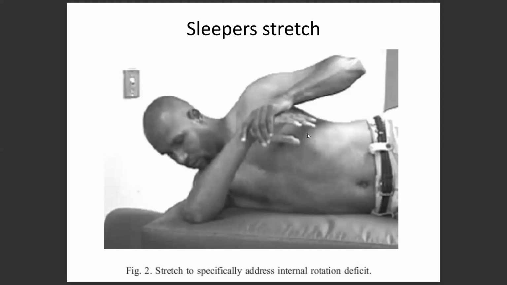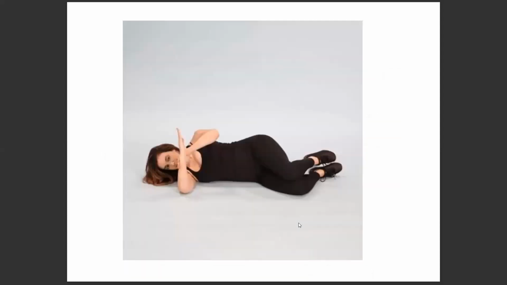The patient will be side-lying. There will be 90-degree flexion at the elbow joint and 90-degree flexion at the shoulder joint, and the patient will slowly and gradually bring this hand, with the other hand, towards the couch surface again and again.